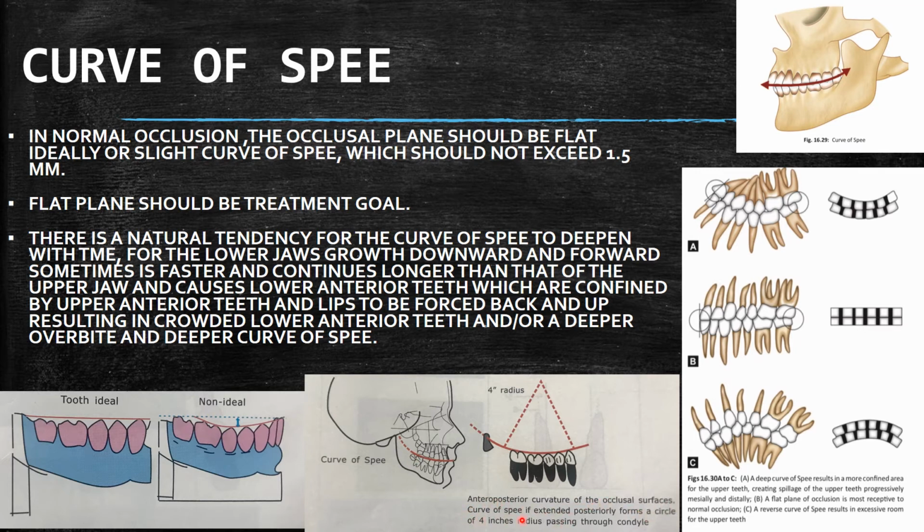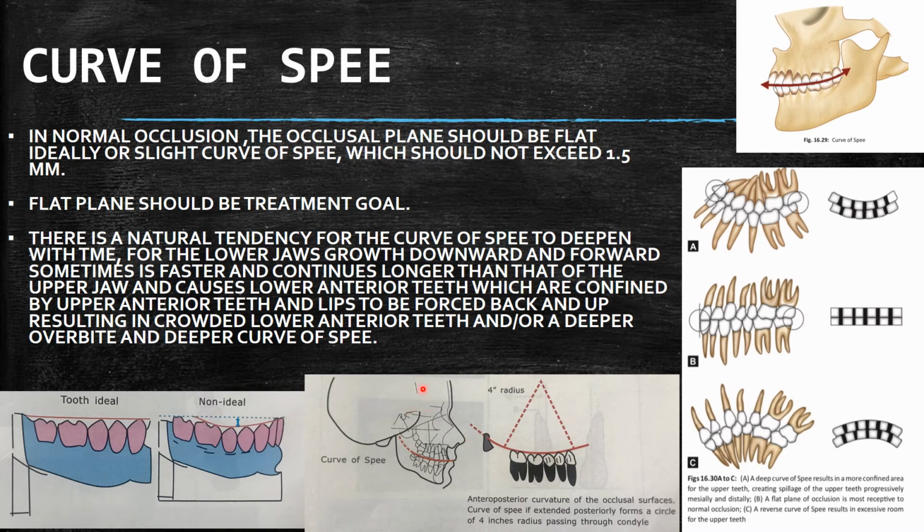The curve of Spee, if it is extended posteriorly, forms a circle of 4 inches radius, which passes through the condyle. So it forms an arc or a radius. When you're drawing this curve of Spee, it's this line which touches the occlusal surface and forms an arc.